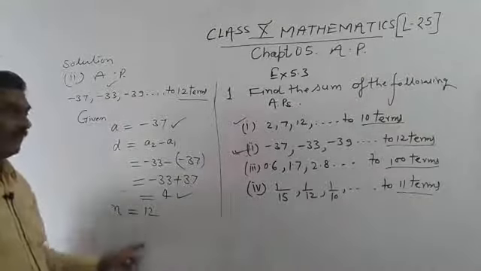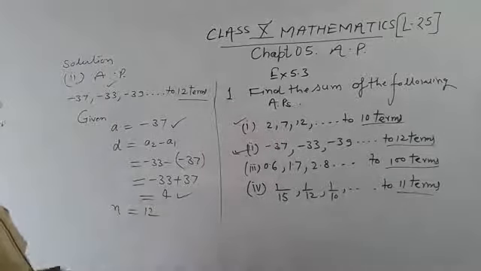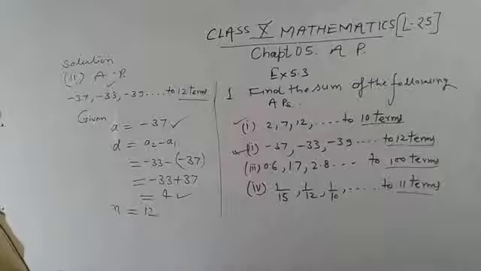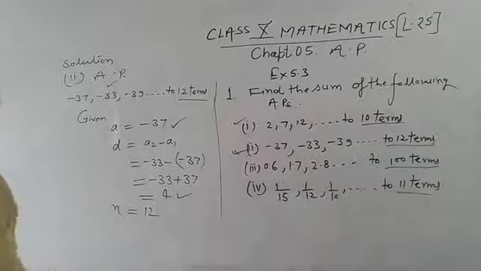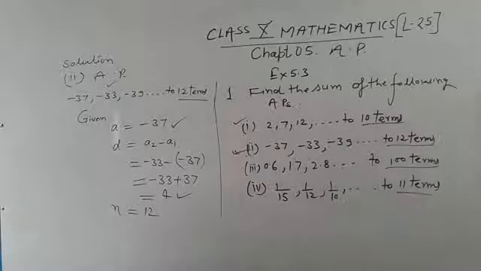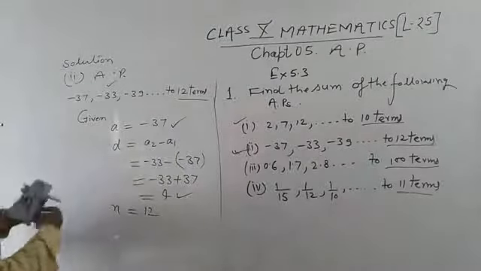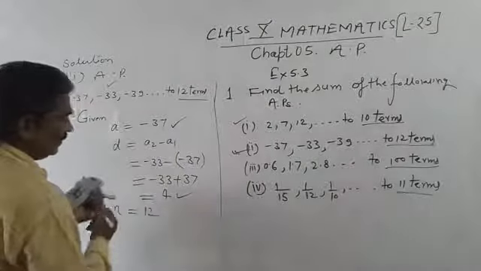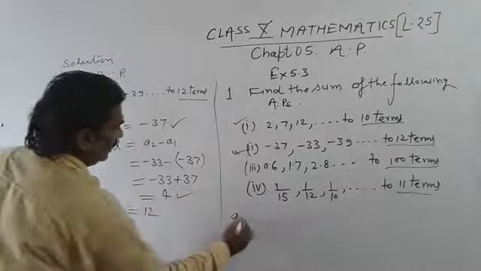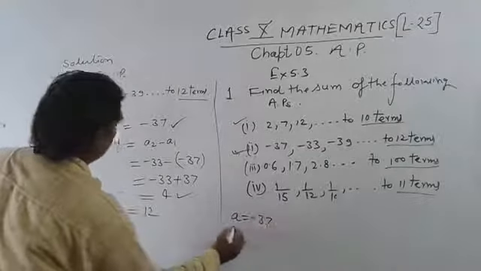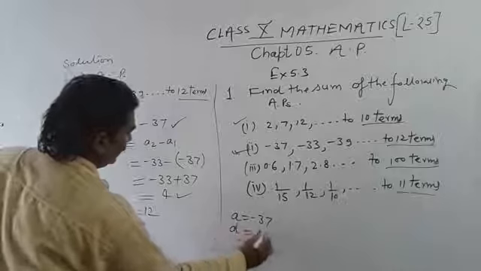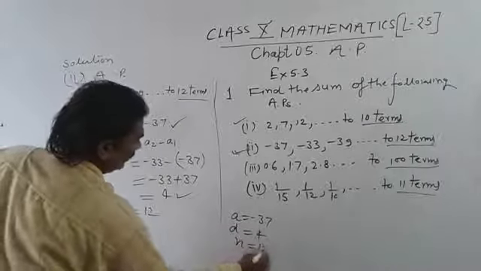Now we will find the sum of n terms. Note down here: a is minus 37, d is 4, and n is equal to 12.